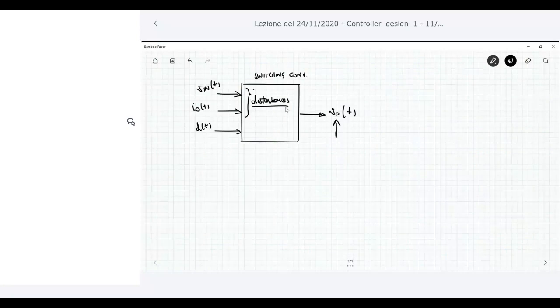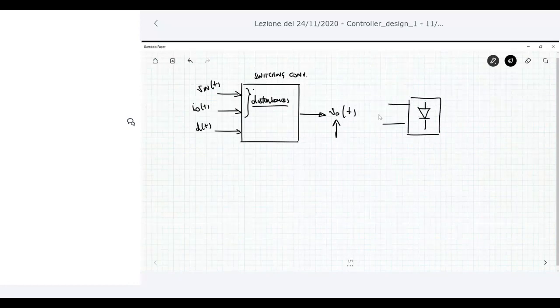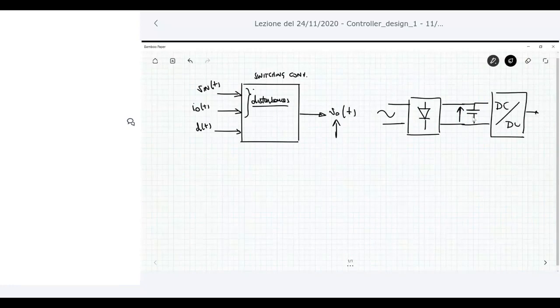Of course, this kind of variation always occurs because V in is the input voltage of the switching converter. Think about what happens when you have a rectifier placed at the input of your converter. A rectifier is a block in which you have diodes. Then you have a sine wave here, and I'd like to have a DC waveform, and then you have a filter here, and then maybe the converter, the DC to DC converter.